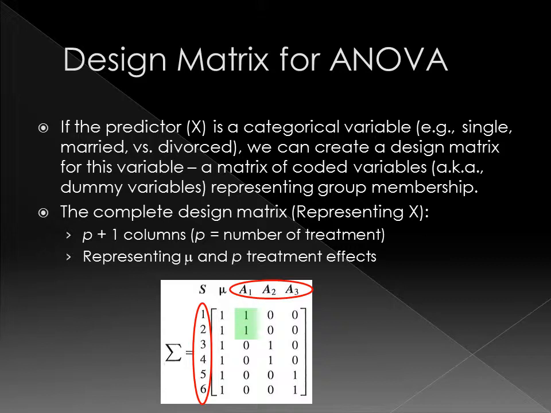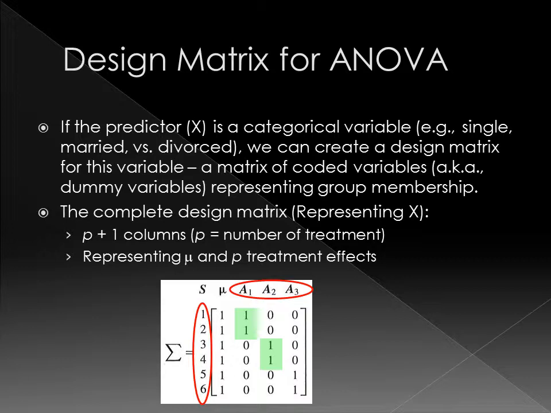The first column is mu. This is called the ground mean. It is shared by all 6 people. Then the first 2 people under A1, these 2 people are in the single group. So we have 1 under A1, but we have zeros under A2 and A3. Person 3 and person 4 belong to the married group.